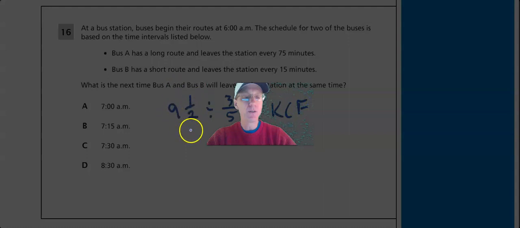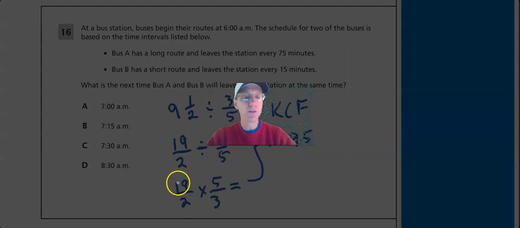So that's 19 halves, because that's what's going on here. Divided by 3/5. You understand that when you're dividing, because of the property of fractions, you're actually saying 19 halves times 5/3. This becomes 19 times 5, which becomes 95.